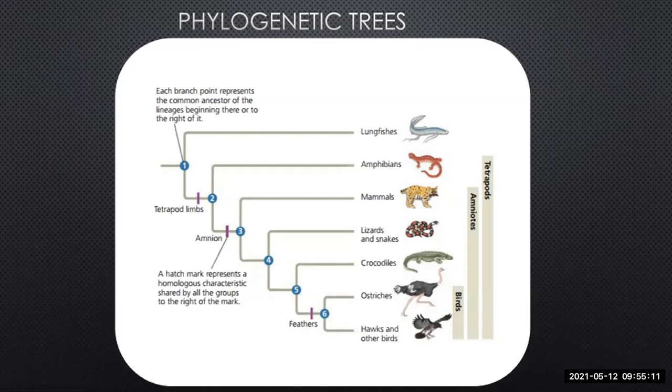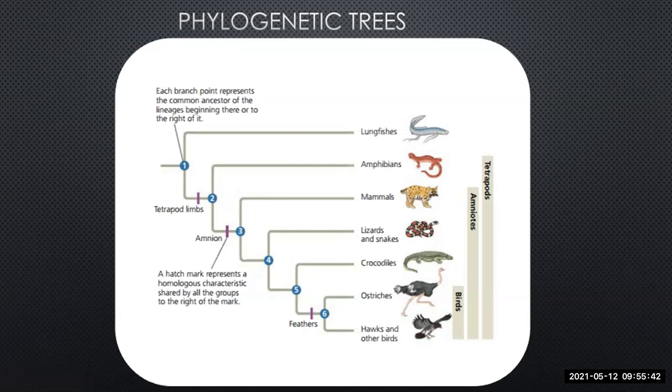But this dot here that we're looking at down at the bottom, what that represents is what's known as the common ancestor. It's an organism that most of the time we don't know exactly what it looks like or what it is. It's some type of transitional period between species. And so at some point, ostriches and hawks came from some ancestor that had some mixture of their two traits.